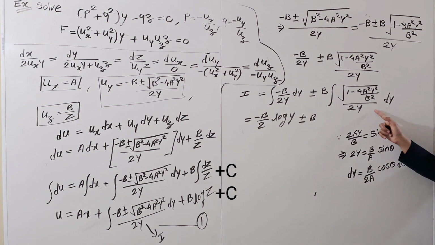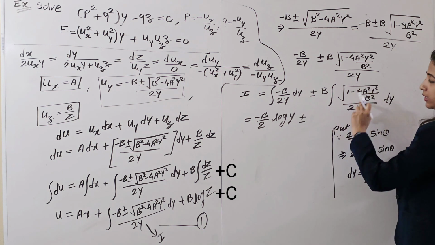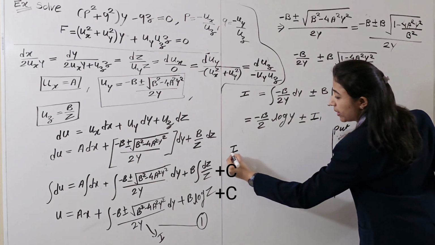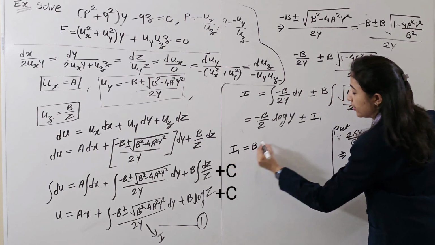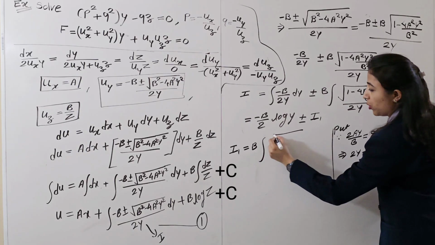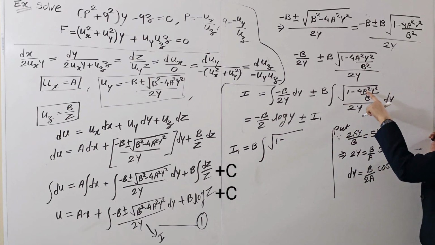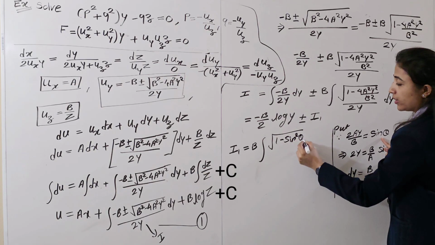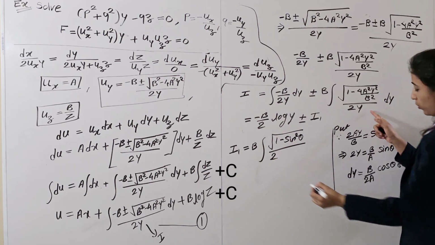Put this value in this integration. I will consider this whole term as I1. So our I1 becomes b integration of root of 1 minus, this whole term is nothing but sine square theta, divided by 2y.